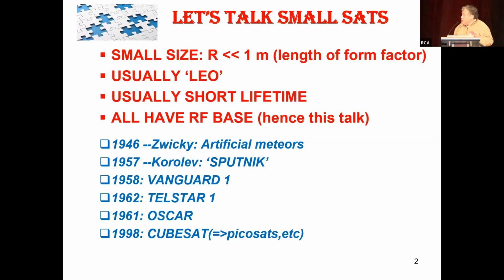And the last thing I want to mention in the list is CubeSat, which is 1998. CubeSat is a program that's been very successful. It was started by NASA. The idea is you launch a bunch of these really tiny small satellites that are basically cubes, 10 centimeters by 10 centimeters by 10 centimeters.